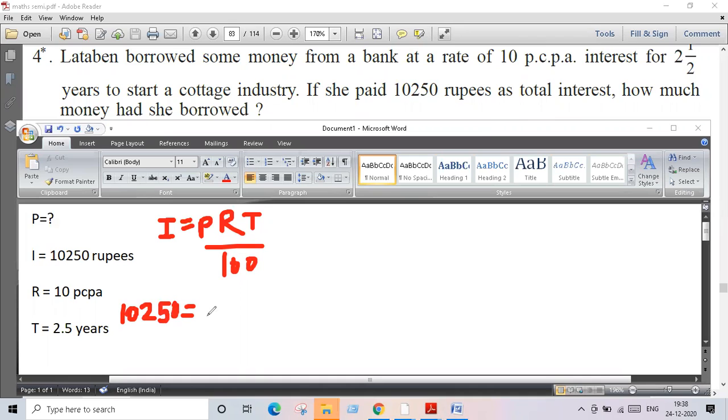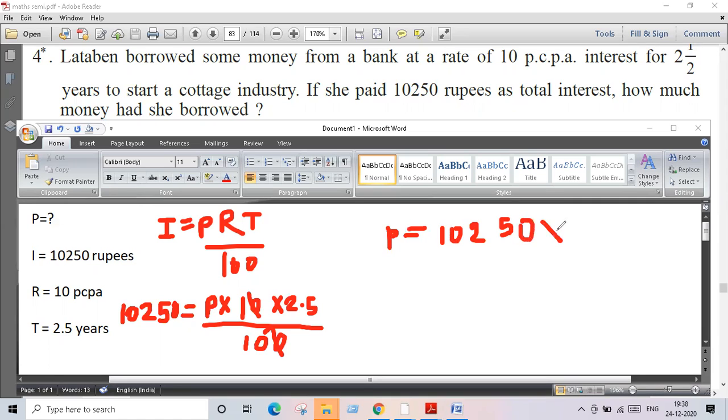Then P, we have to find out P. R is 10 PCPA and T is 2.5, we took it as a proper decimal, and here it is 100. Now 00 also went, got cut. What remains? P is equal to 10250 into 10 upon 2.5. Now we have to solve this.